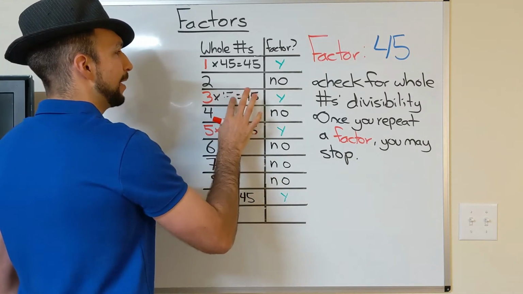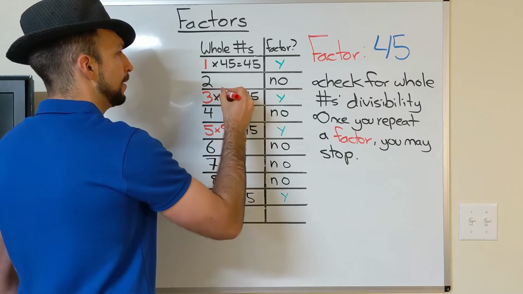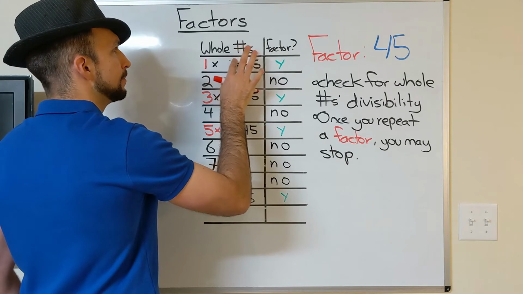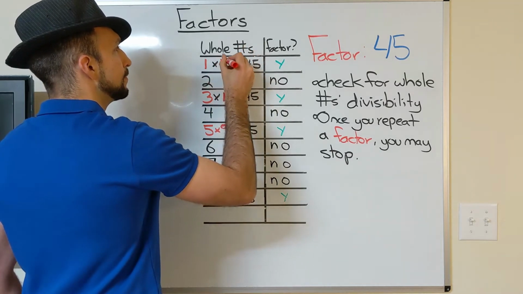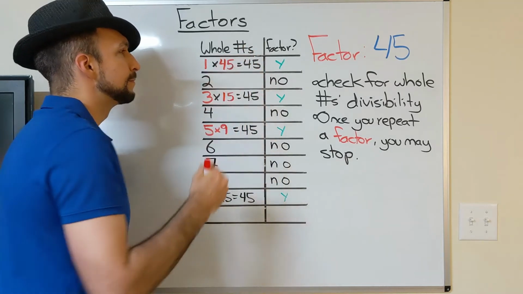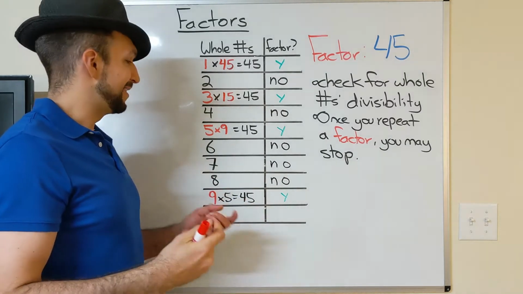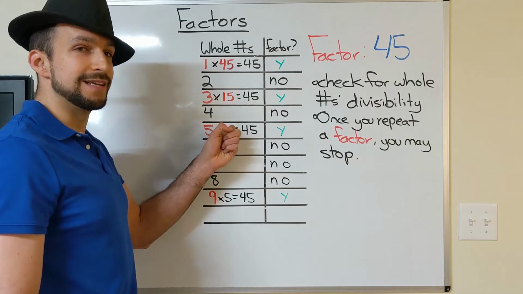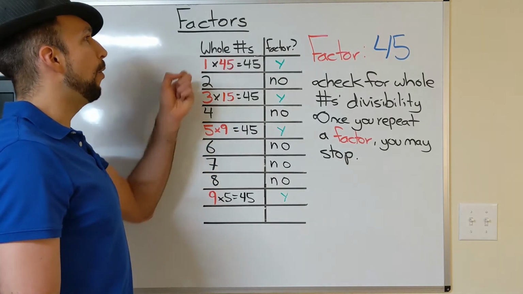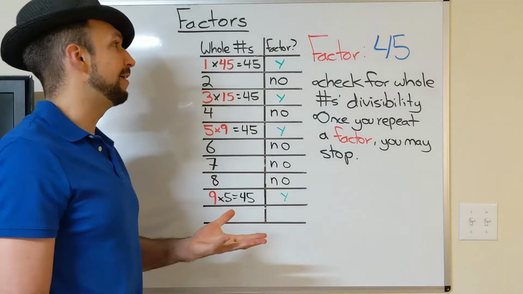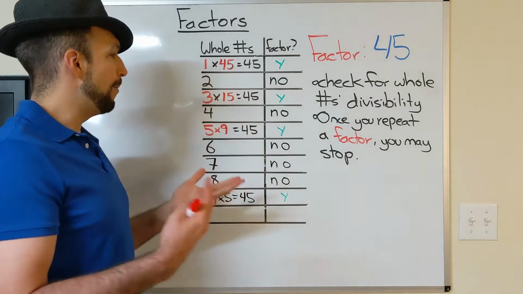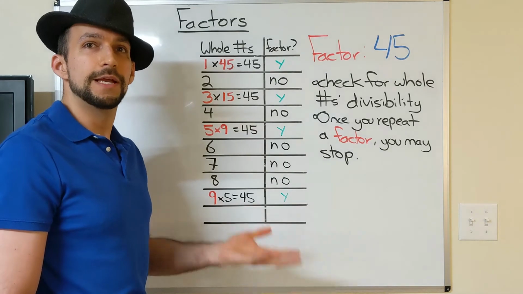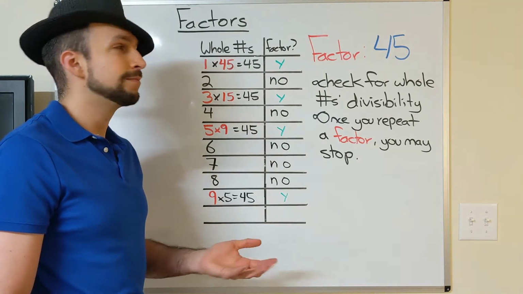Then I make this 15 red. And then I make this 45 red. The reason we can stop here is because we know that 5 times 9 will be the same as 9 times 5. Yes, I could go all the way up to 45, but I know I'm only going to hit 15 and 45 between now and then, because multiplication is commutative.